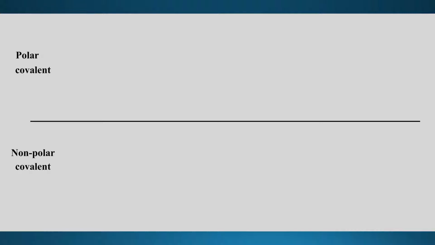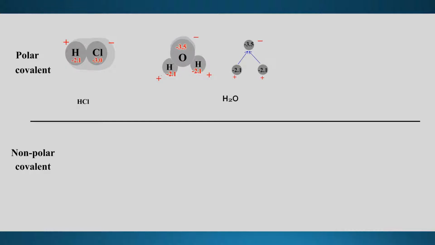Now let's look at more examples of polar covalent bonds and non-polar covalent bonds. HCl, as we previously mentioned, has a positive and a negative side because of uneven distribution. So it is a polar covalent. Water, H2O. Now look at this molecule. Where will the electron distribute more?